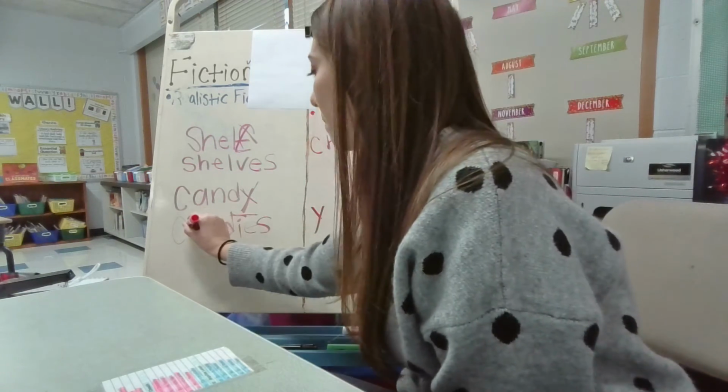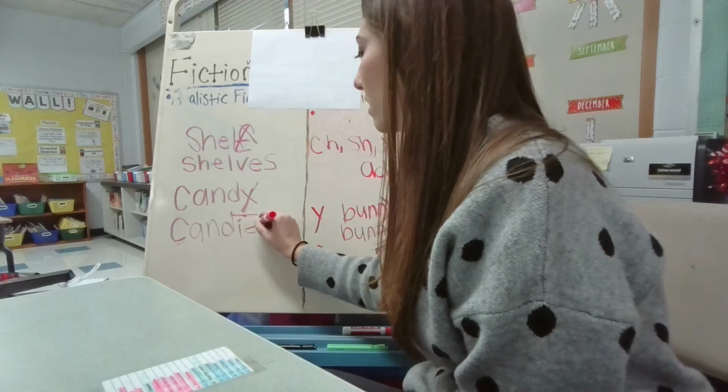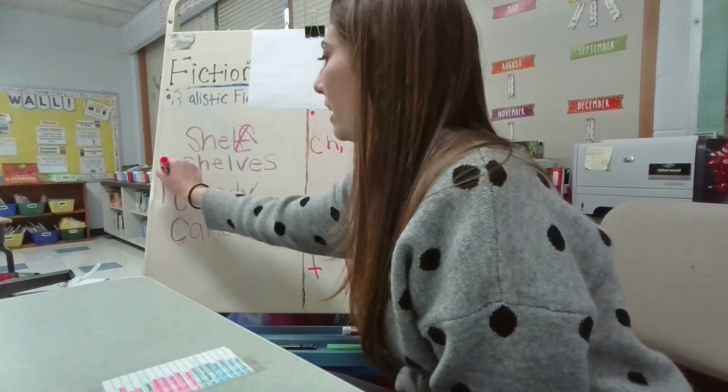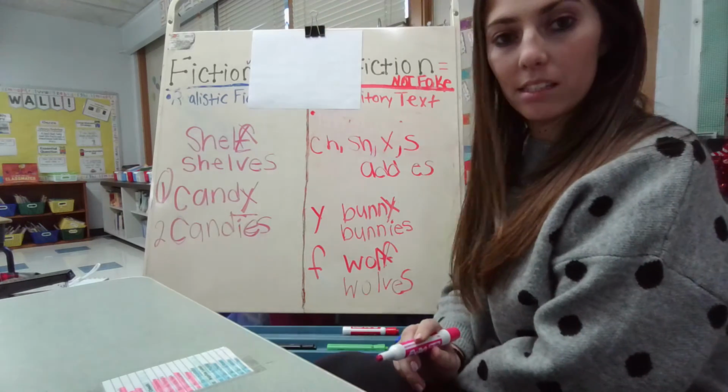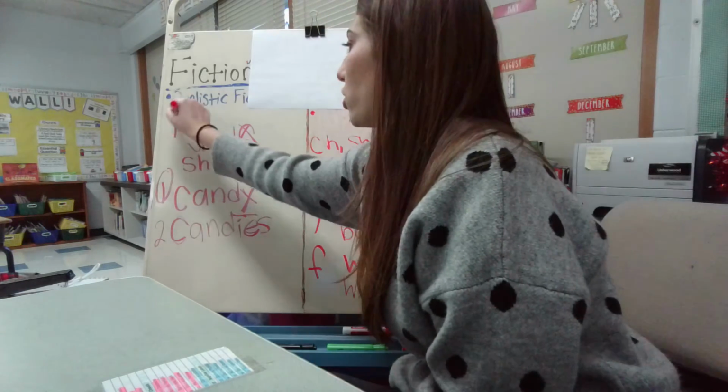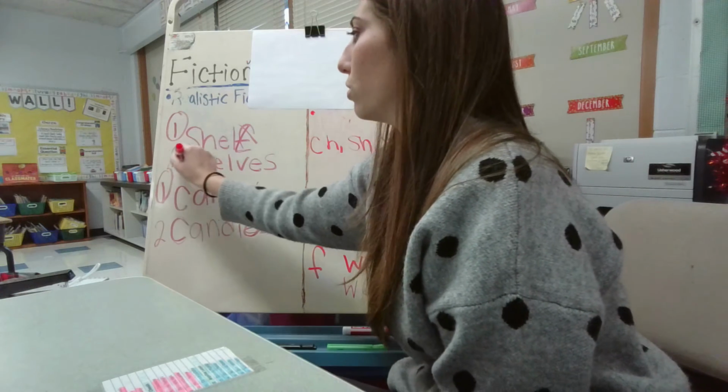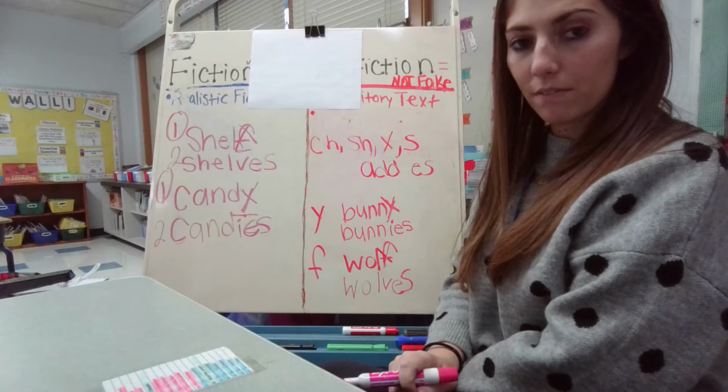So it will become candies. One candy, two candies. One shelf, two shelves. Okay.